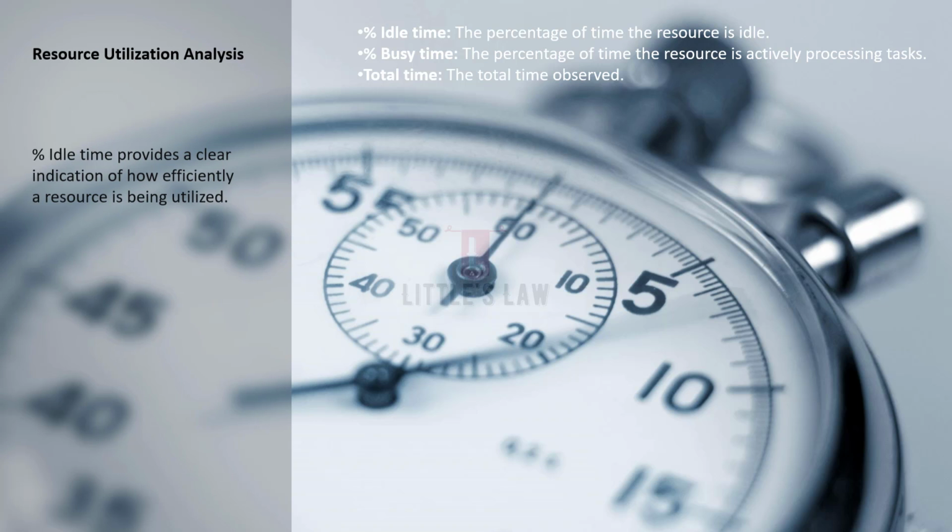The percentage idle time provides a clear indication of how efficiently a resource is being utilized. A high percentage idle time indicates that the resource has capacity available, while a low percentage idle time suggests that the resource is approaching saturation. Understanding resource utilization is crucial for identifying potential bottlenecks and ensuring optimal performance.